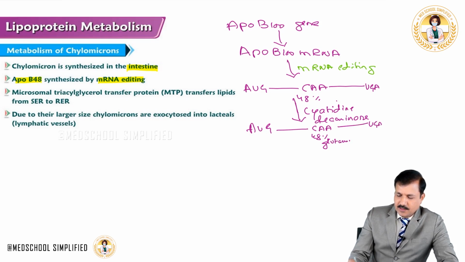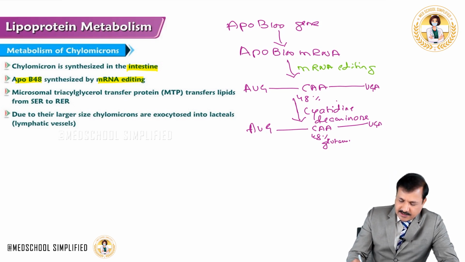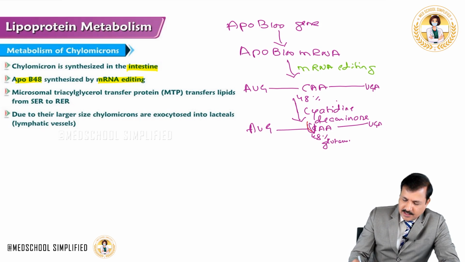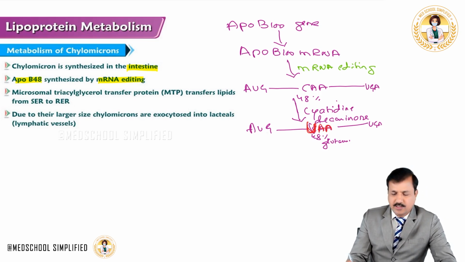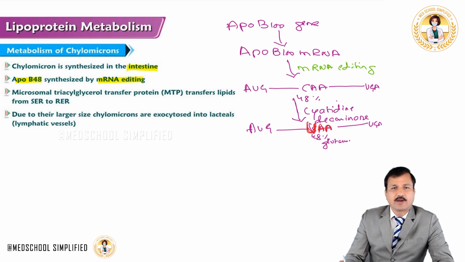Cytidine deaminase converts cytidine into uracil. That means CAA is converted into UAA. Basically C is converted to U. That's the only difference, because cytidine deaminase deaminates cytidine into uracil.